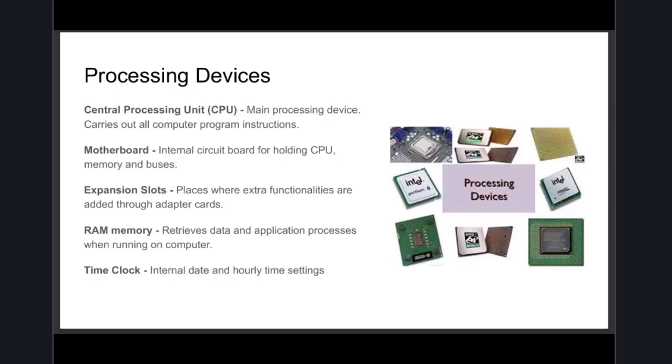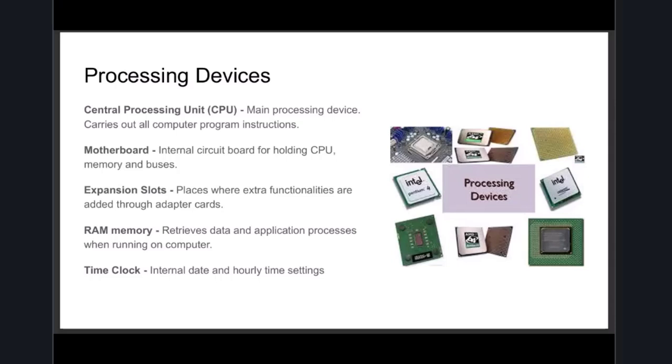Other processing components will be your motherboard. This is the main circuit board that holds all of your CPU, memory, and storage components, as well as expansion slots. Expansion slots will be locations on your motherboard where you can add additional adapter cards to increase a certain type of functionality.